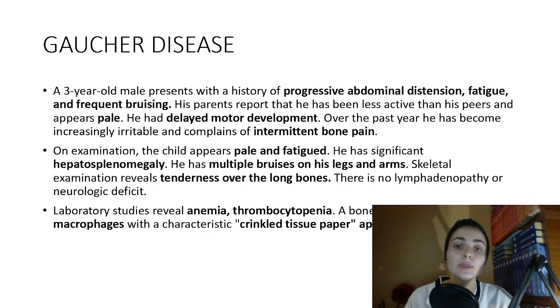He has multiple bruises on his legs and arms. Skeletal examination reveals tenderness over the long bones. Tenderness means pain when touched. There is no lymphadenopathy or neurological deficit. Lymphadenopathy is lymph node enlargement. So lab studies reveal anemia and thrombocytopenia, and bone marrow aspiration shows wrinkled tissue paper appearing macrophages.